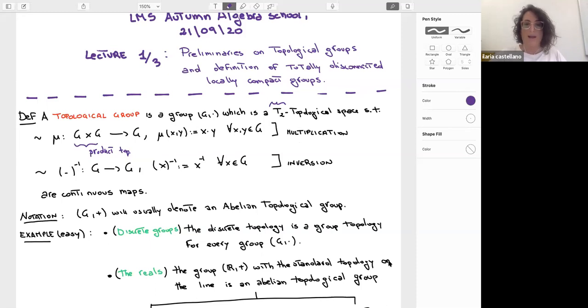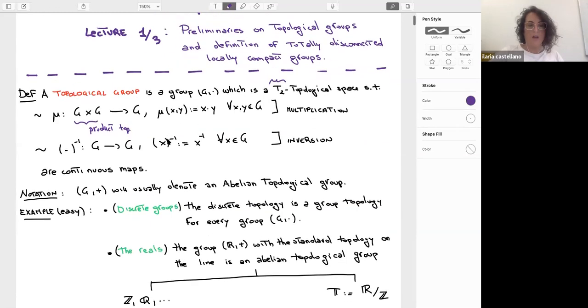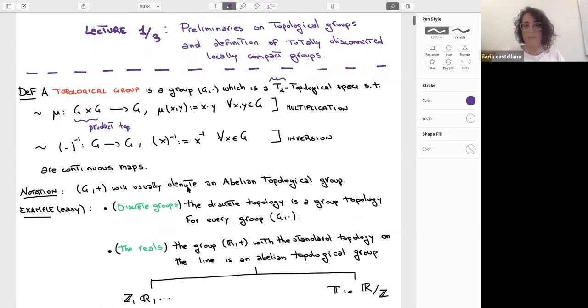So we ask that the algebraic structure on the group is going to be compatible with the topology. So this is what we need. Okay, this is a topological group. The additive notation will be used only for abelian topological groups. So I'm going to use the multiplicative one for arbitrary topological groups.